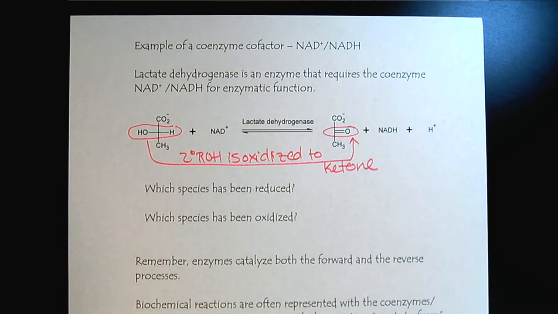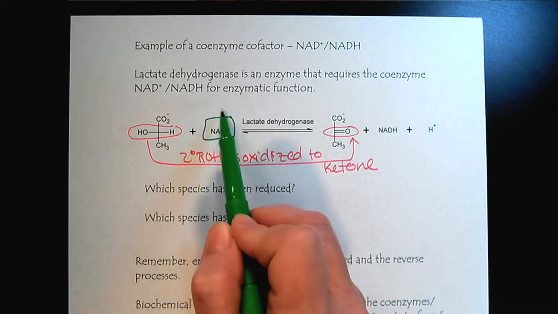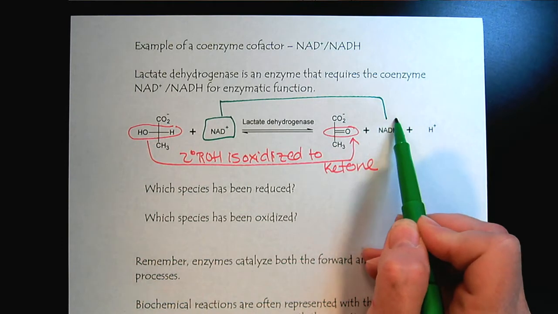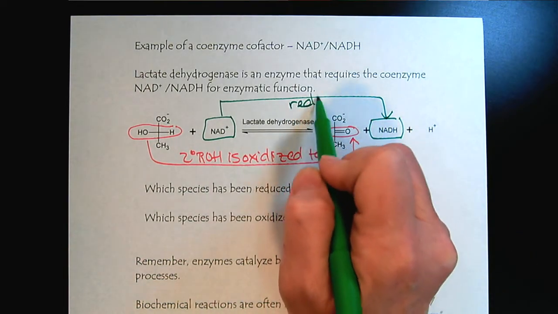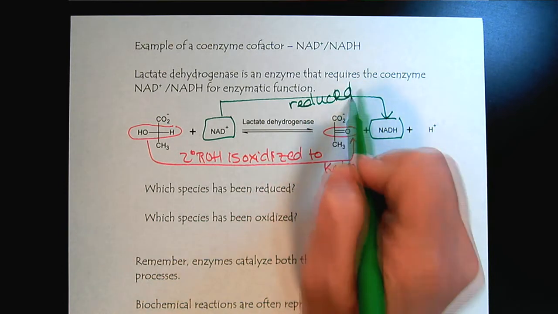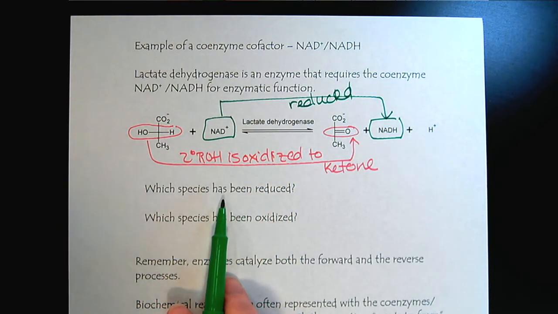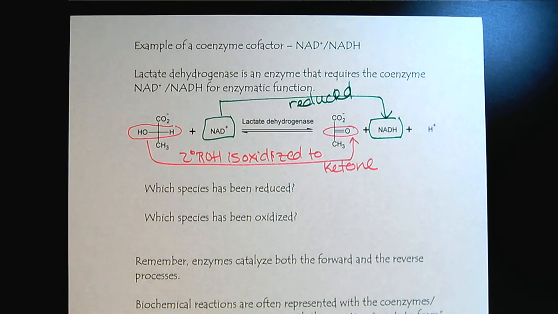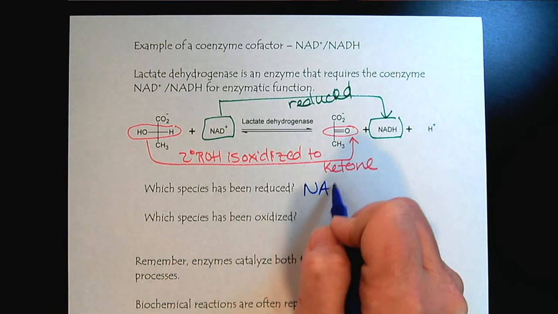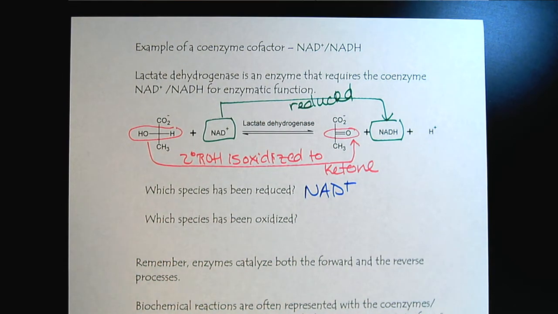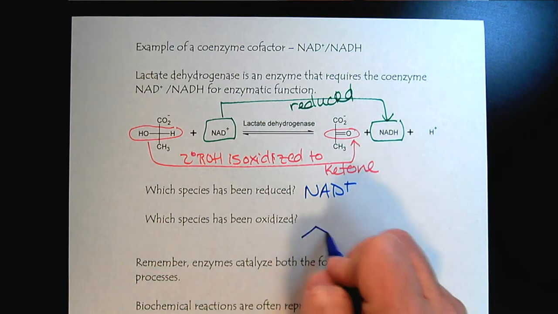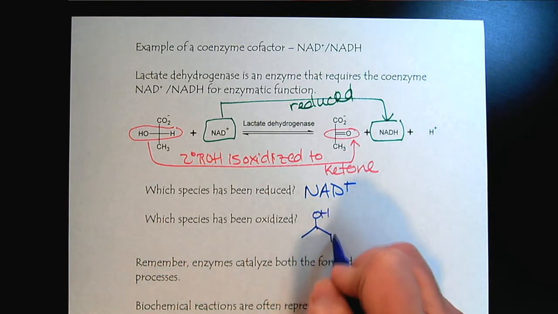And we look a little more closely at our coenzyme, and we see that it is gaining hydrogen, right? So it's being reduced. Okay, so which species has been reduced? That would be the NAD+. And which species has been oxidized? That would be the lactic acid.